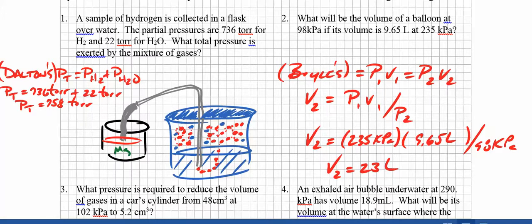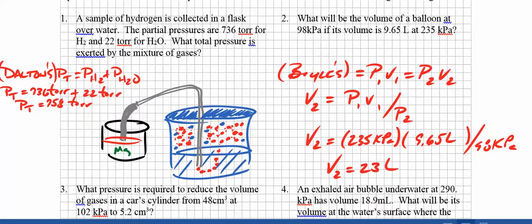Pressure is inversely related to volume. And we can make this statement as Boyle did, which is P1V1 is equal to P2V2. Now if we solve for V2, that's what we're looking for in this problem, we get V2 equals P1V1, pressure 1 times volume 1, the pressure in the first situation, divided by P2, the pressure in the second situation. So that's V2. Now let's just plug in.